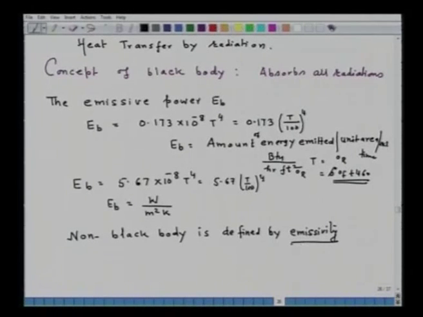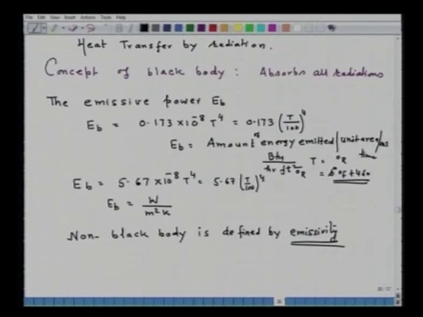So, emissivity is an important concept in radiation, which defines the amount of energy radiated per unit time, per unit area of any surface.